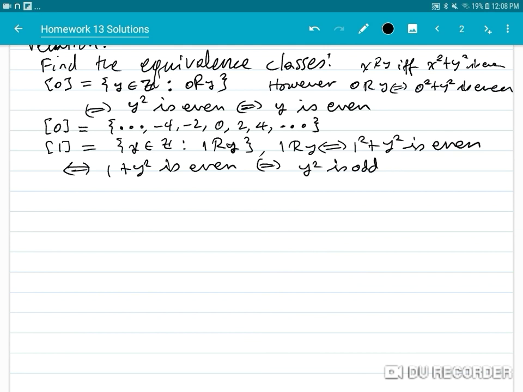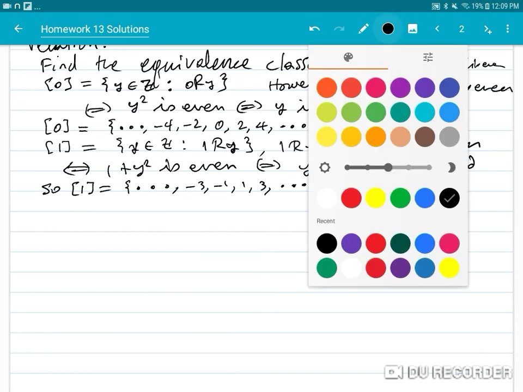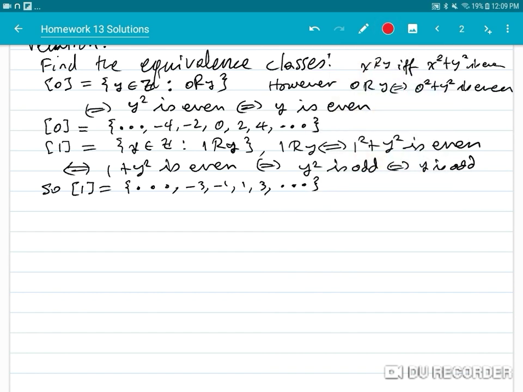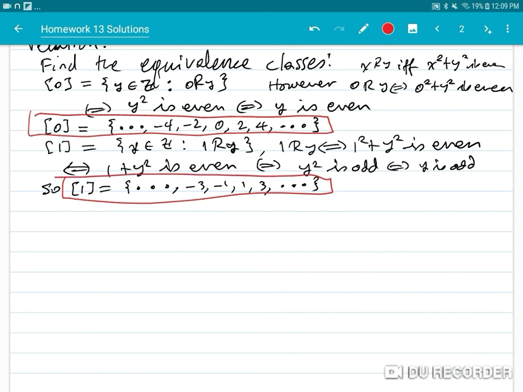Because you add 1 to it, it became even. But y squared is odd is equivalent to saying that y is odd. So when y is odd, it's related to 1, and when y is related to 1, then it must be odd. So the equivalence class containing 1 is the set of all odd integers. So these are the two equivalence classes of the relation, this and this one. We have two equivalence classes.